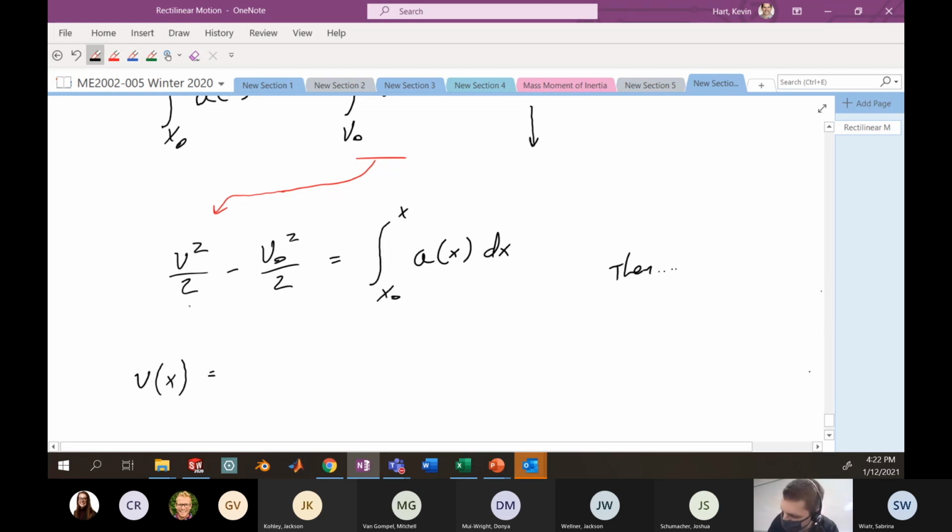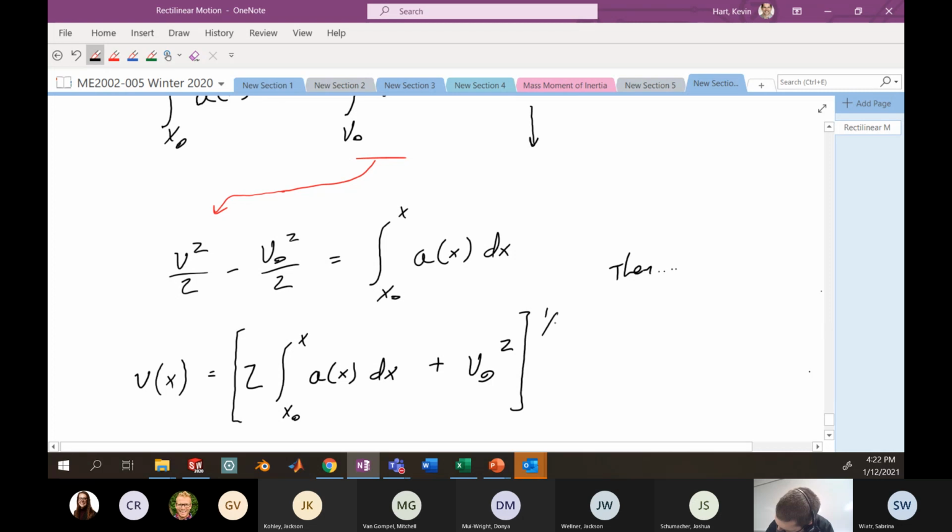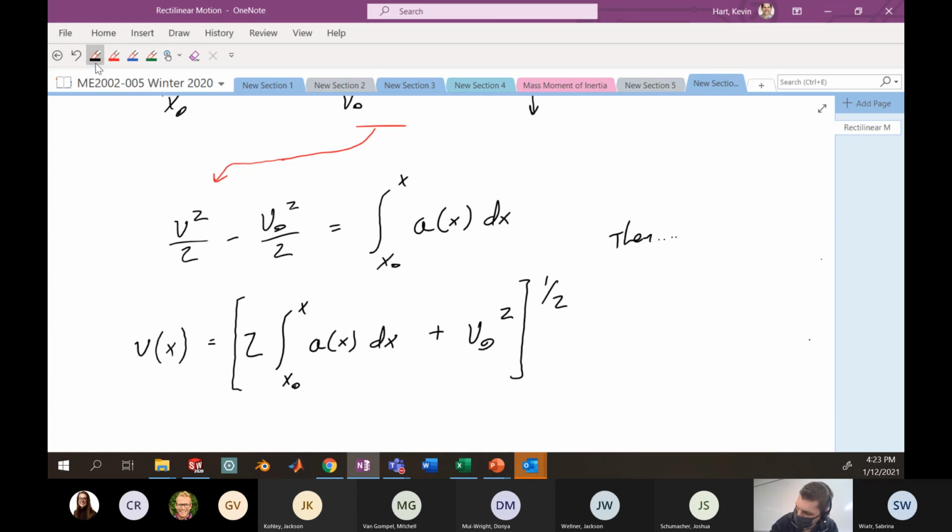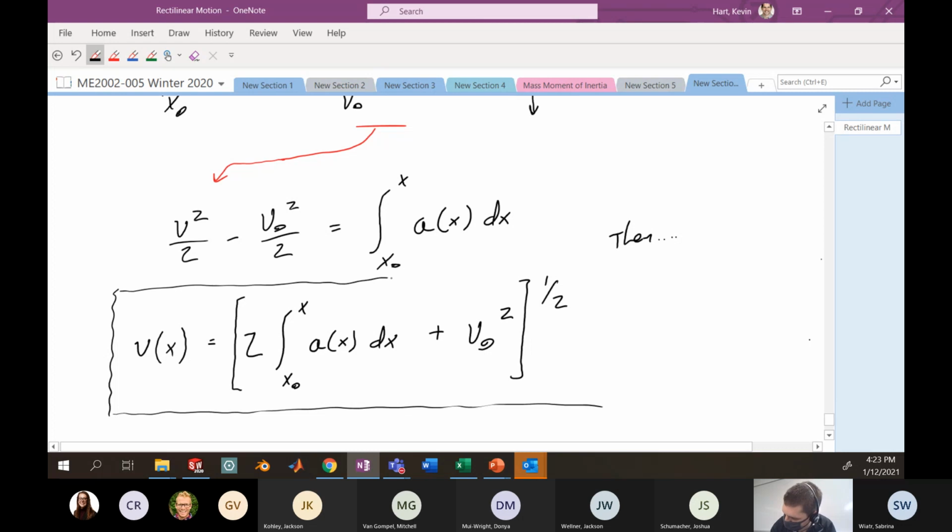After rearranging this, I can bring my 2's to the other side, all this to the 1/2 power. So here's a general expression for your velocity as a function of x, if you know acceleration as a function of x. You would also have to know some initial position, x naught, and some initial velocity.